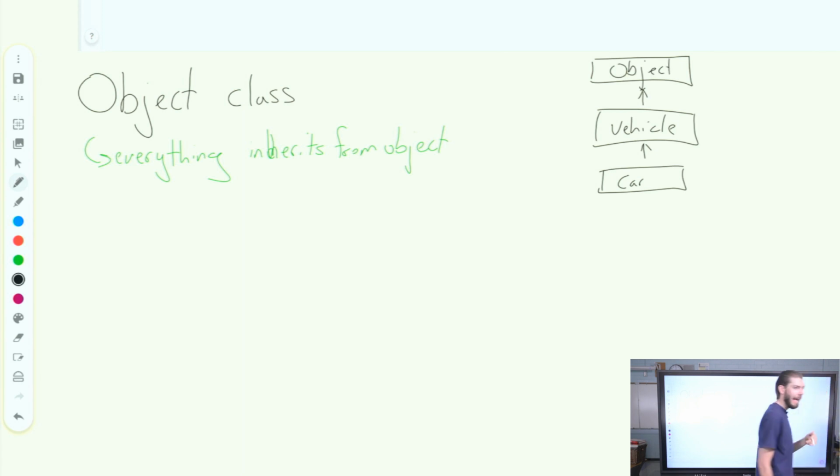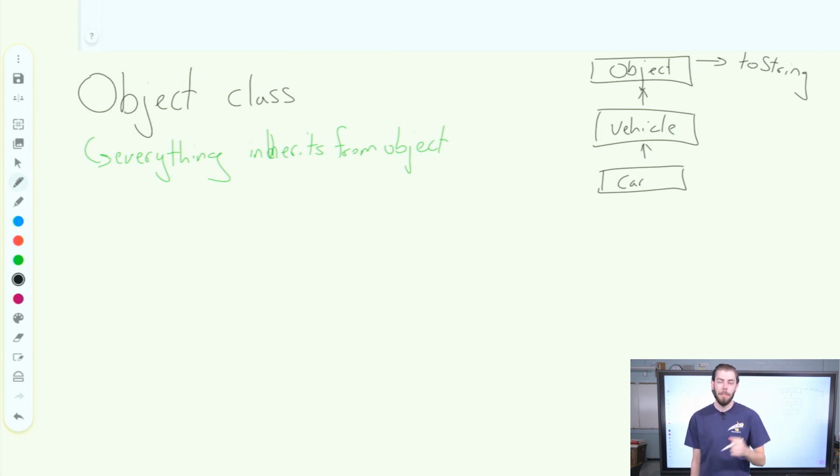And Object has some fields and methods, and one of those methods is the toString. This is why you can print an object, and remember what it prints when we automatically do it? The toString automatically prints the memory location. We also have another one that is the equals method.